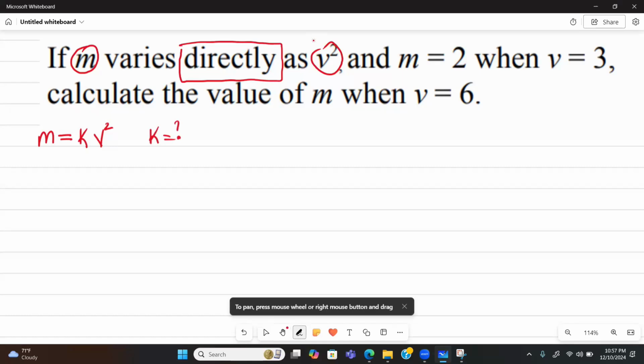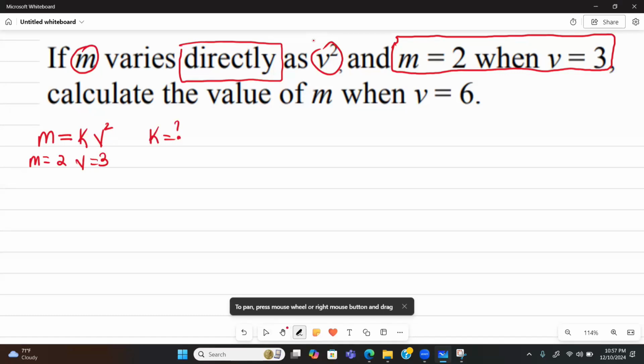So take a look. I'm going to have to use a situation with m and v that we got. Whenever we're doing variation, we will always get a condition for the two variables that occurred already. So this says to us that, hey, when m was 2, v was 3. It happened together already. So we could use that to find k.